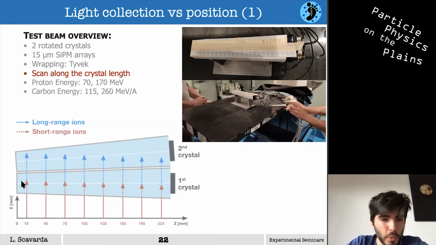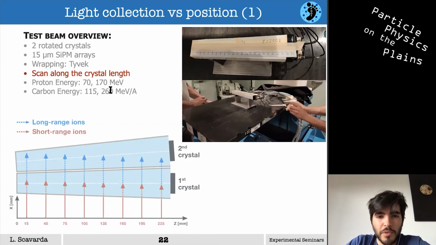Why this? Because we wanted to understand if the response of the crystals depends or not on the depth of the particle inside the BGO crystal. So we used two beams, again, proton and carbon, but only four energies. 70 MeV for proton and 150 MeV per nucleon with carbon, in order to have the Bragg peak inside the first crystal, so as to contain the full range of the particle inside the first crystal.